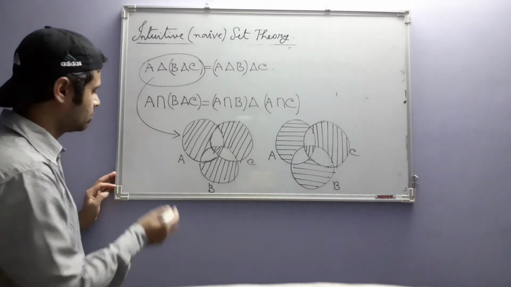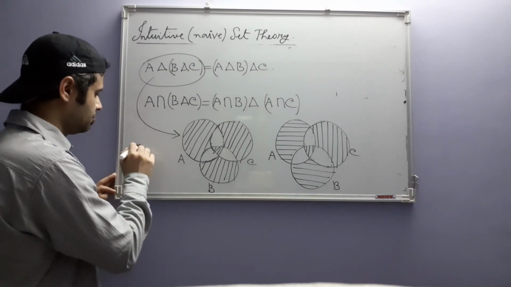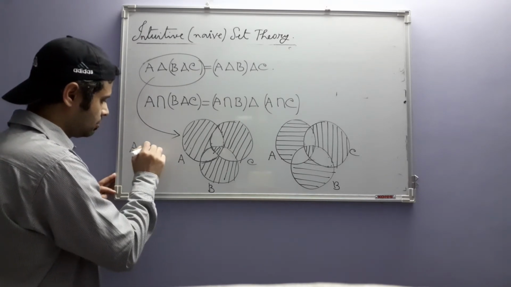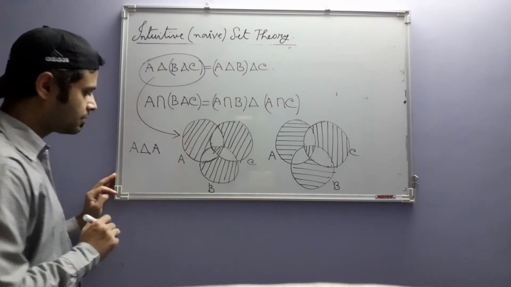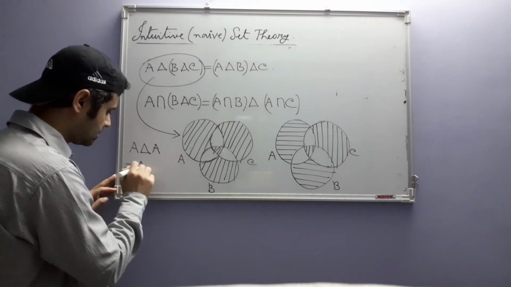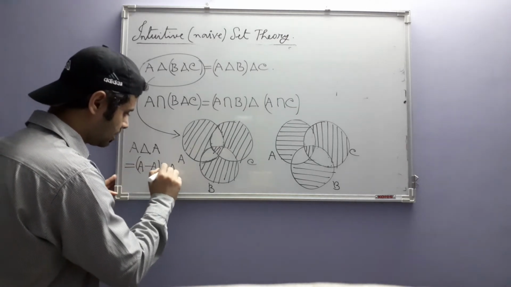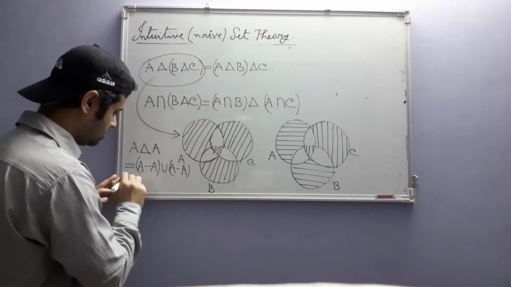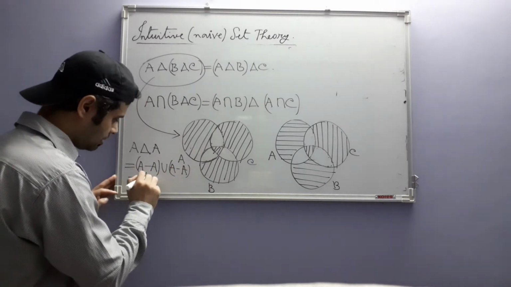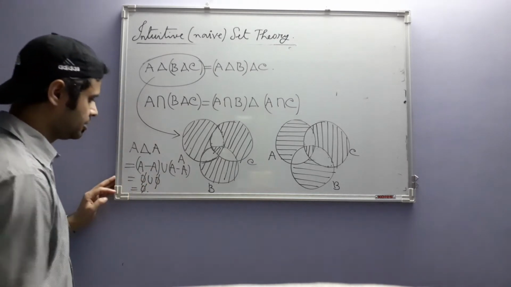There are some other quite trivial properties, or one property, which is that the symmetric difference of a set with itself is empty set, because this is A minus A union A minus A, which is empty set union empty set, which is equal to empty set.